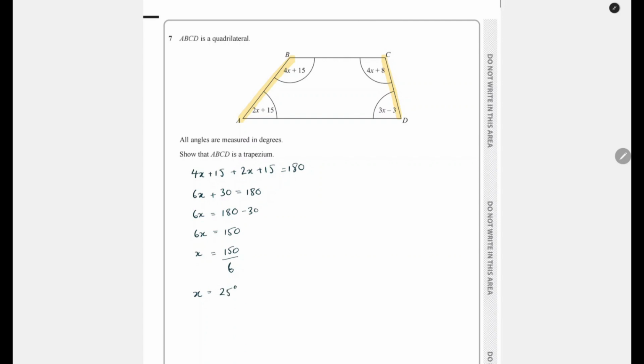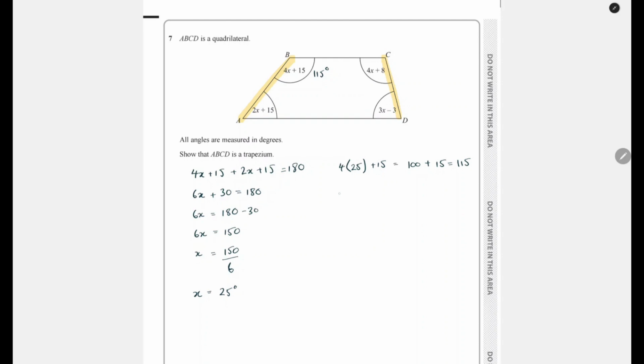Now we're going to test that. So 4 multiplied by the 25 degrees plus 15 is equal to 100 plus 15, which is equal to 115. So this angle here is 115 degrees.